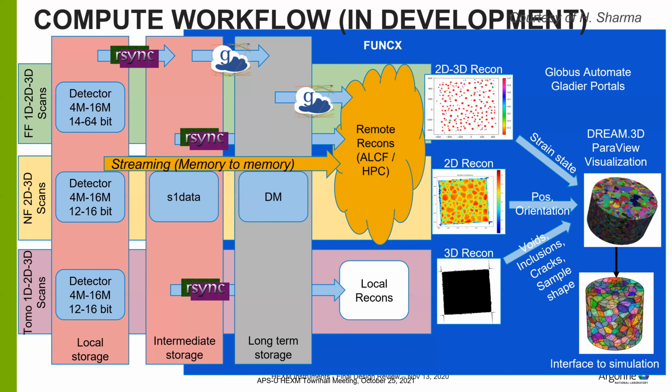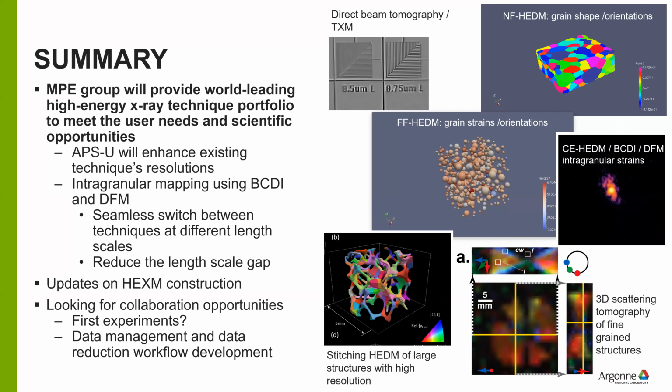I'm going to skip this slide. So to summarize, the Materials Physics and Engineering Group will be providing world-leading high-energy X-ray techniques to meet user needs and scientific opportunities. Deploying these techniques will enable these zoom in and zoom out techniques and push the resolution limits further down into the nanometer length scale, really closing that length scale gap.